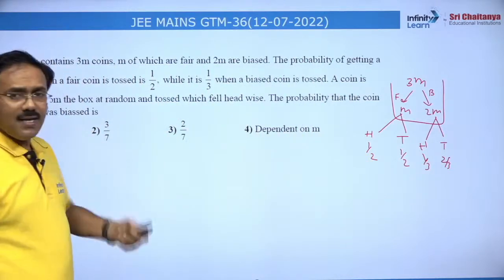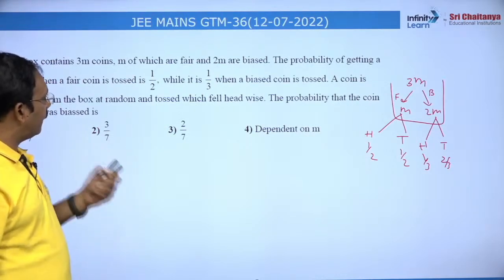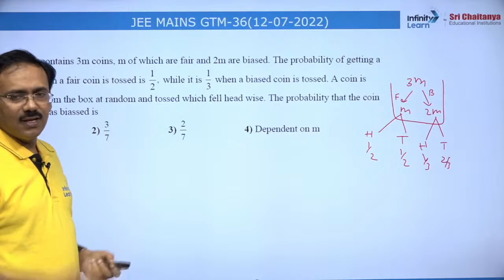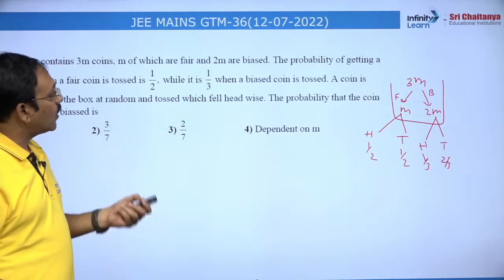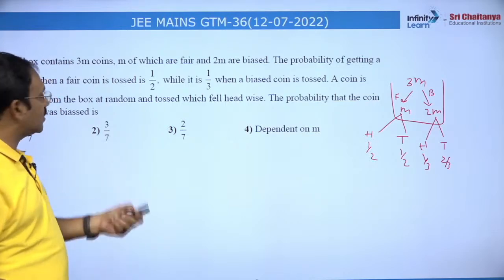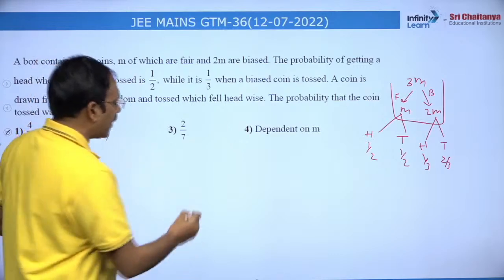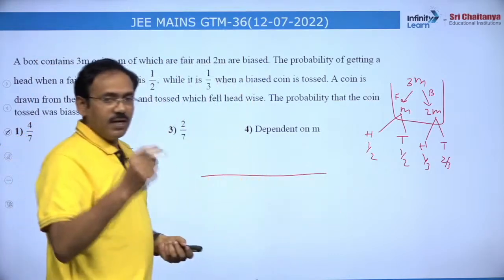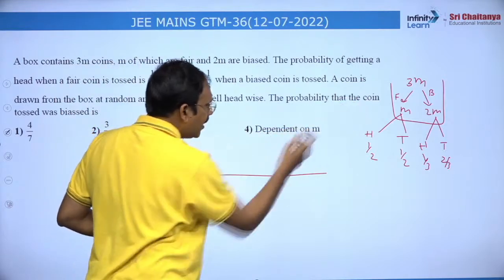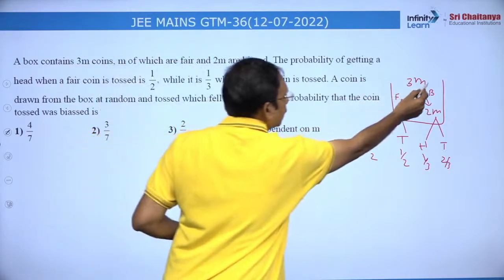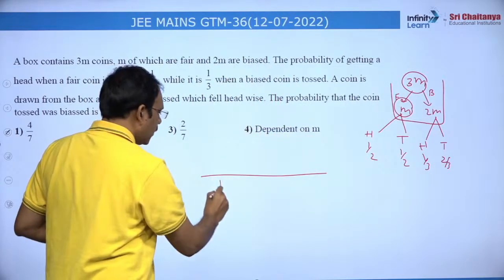Now, a coin is drawn from the box at random and tossed, which fell head. That means, a coin is picked and tossed, we got head. So, what is the probability that the coin tossed was biased? You see, this is a simple Bayes theorem application. According to the total probability theorem, if you select a coin, it is a fair coin with chance m out of 3m, that is 1 by 3.